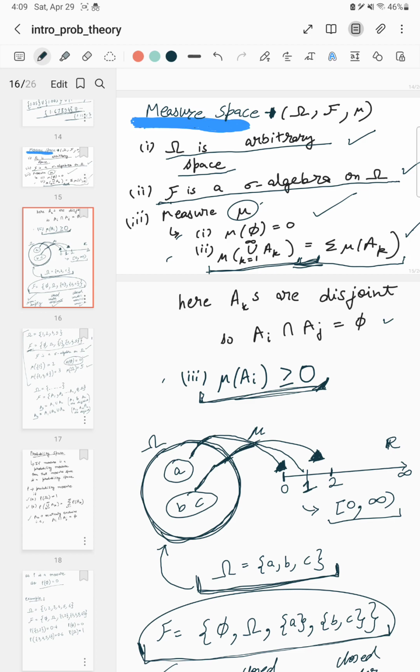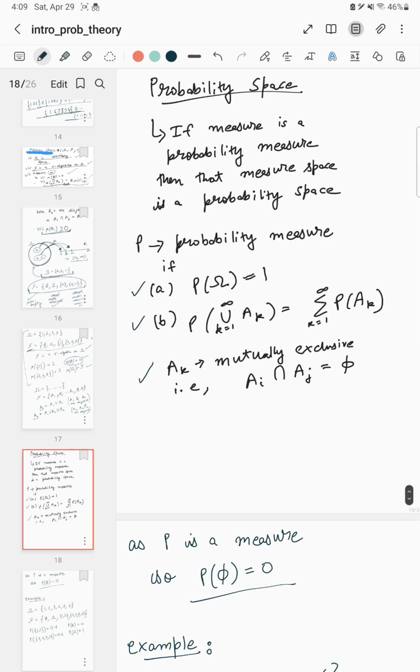Now let's start with what a probability space is. A probability space is the same as a measure space. The only difference is that we have defined the probability measure P such that P of omega should be equal to 1, and this property is again derived from the measure space property.